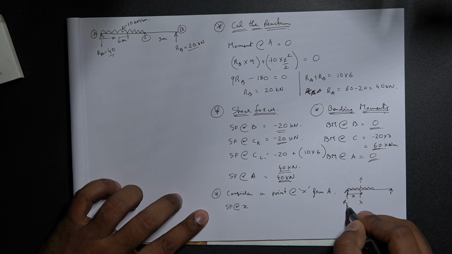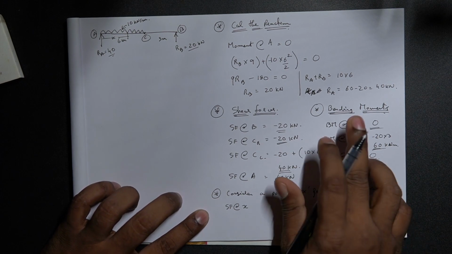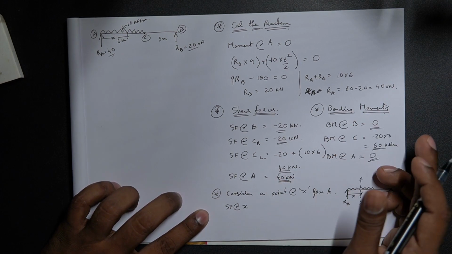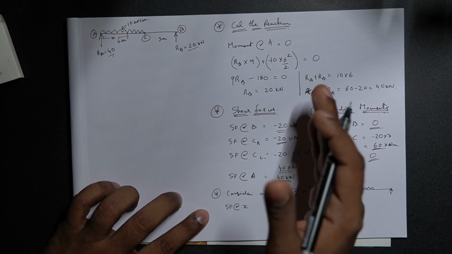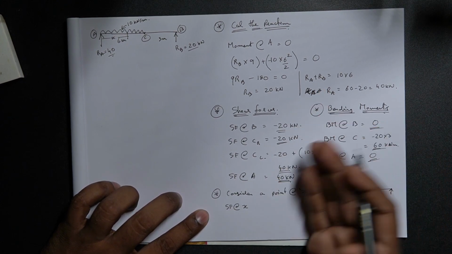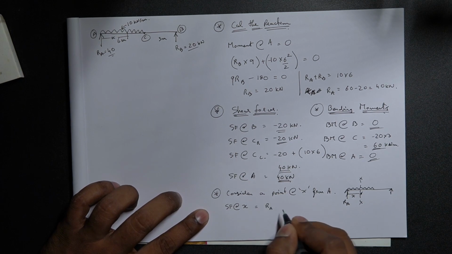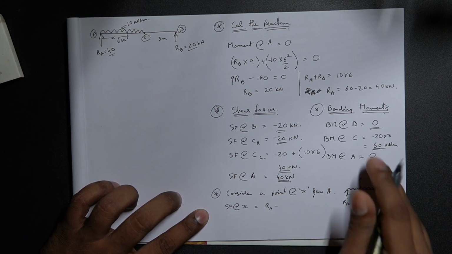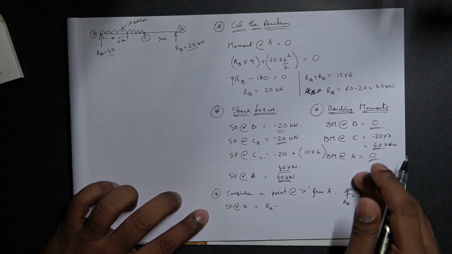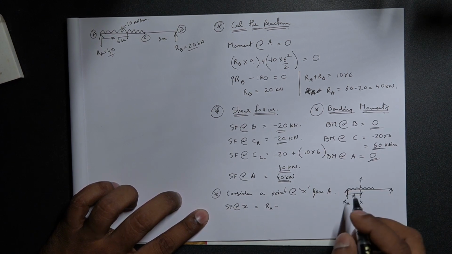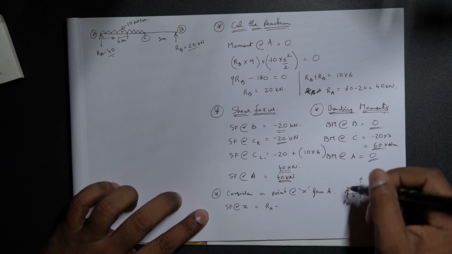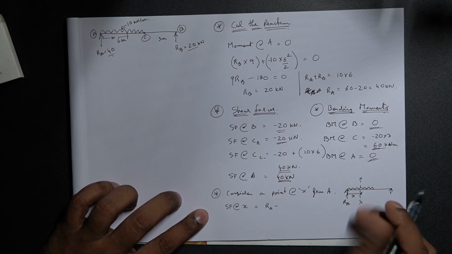In order to calculate the shear force at a distance of x, at section xx, I have my RA over here, and RA is acting upward. Left hand side of the section acting upward is positive. So my RA is positive, minus 10 kilonewtons per meter acting downward for a distance of x.